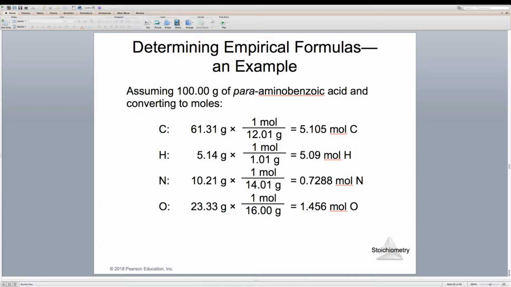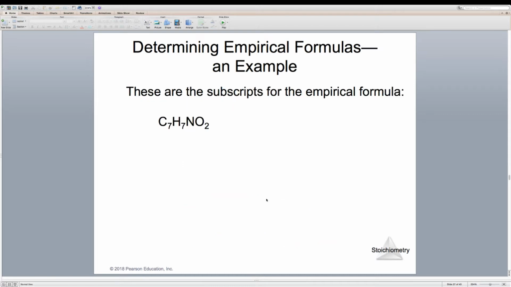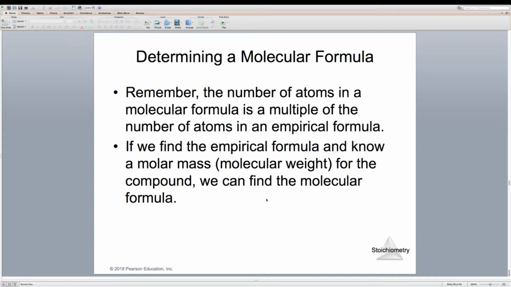We do a dimensional analysis of the molar mass to get moles, and then we take the lowest number of moles and divide that into the rest, and we see that we end up with ratios of 7, 7, 1, and 2. And that will give us an empirical formula of C7H7NO2. And again, we're going to do this in our example as well.